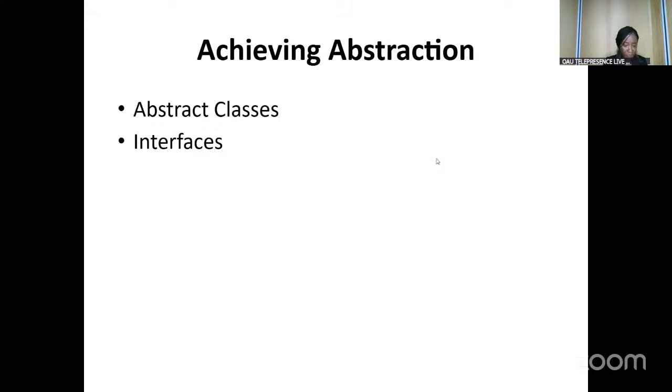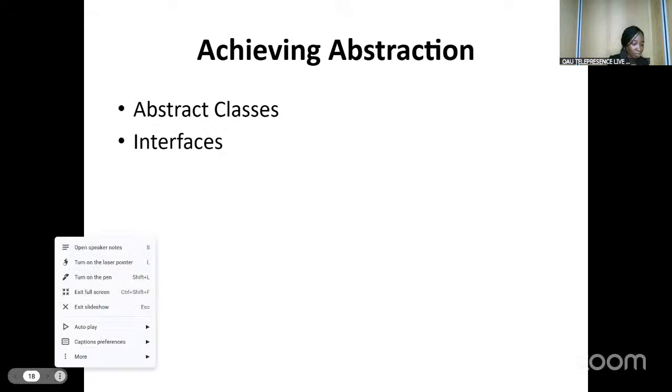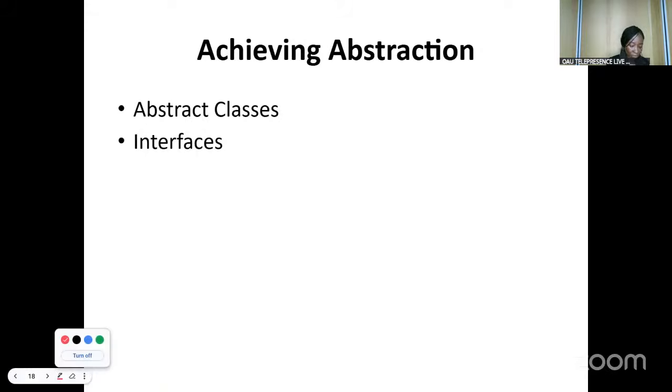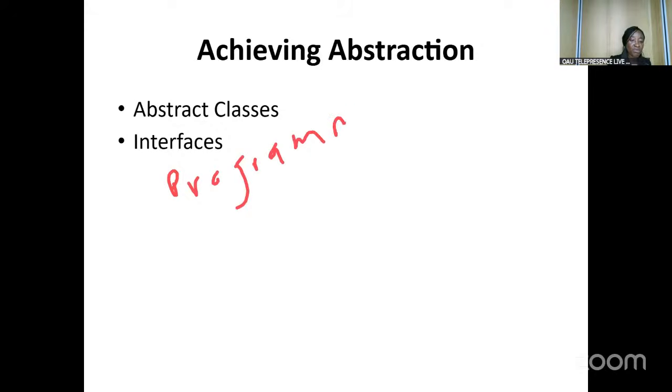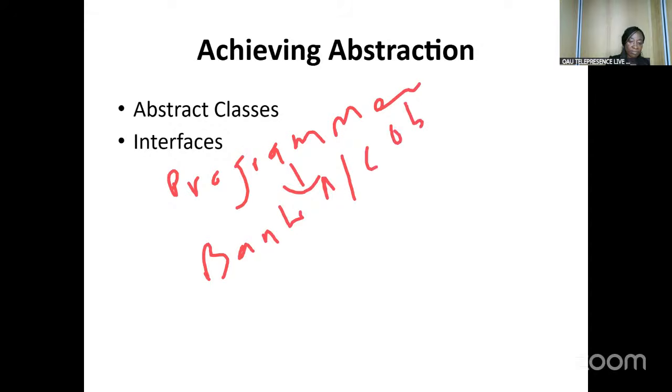For example, in case you have a programmer working with an object he calls a bank account object. So we're only exposed to the methods and the attributes of that object in object-oriented programming.